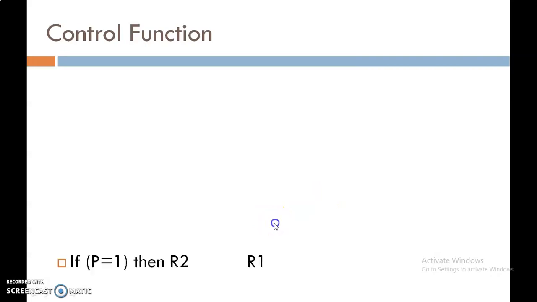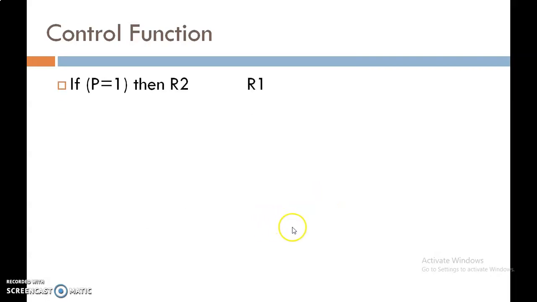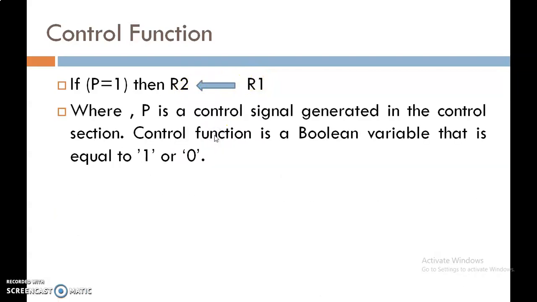Control function. Control function is originated by the control unit. When the value of the control function variable is 1, then transfer occurs from register R1 to R2, where P is a control signal generated in the control section and it contains a value 1 or 0.